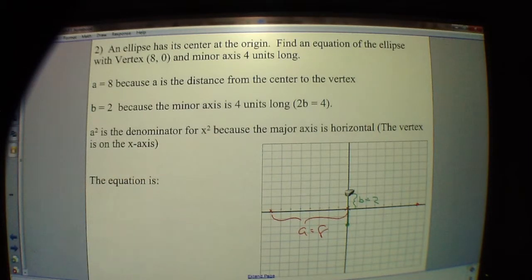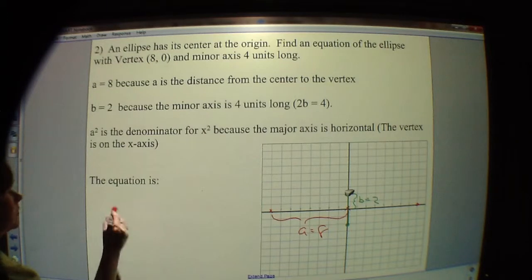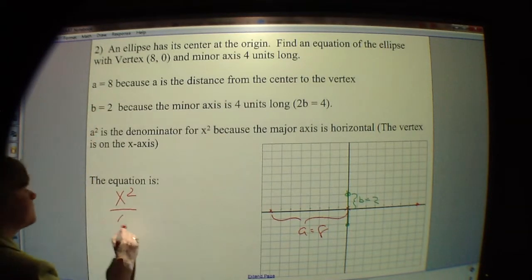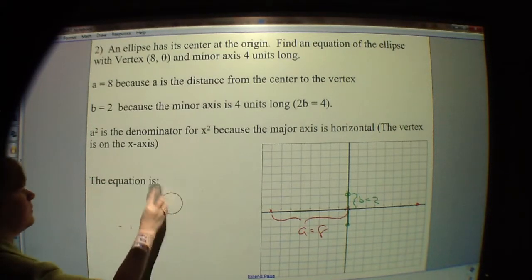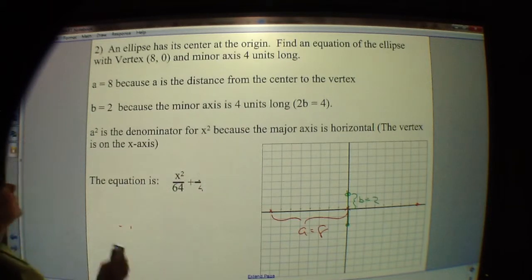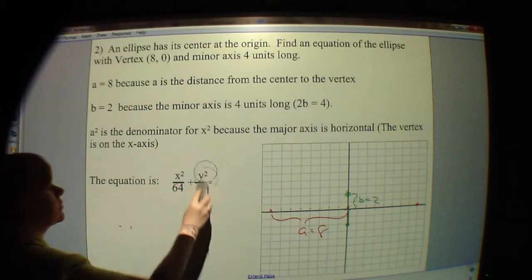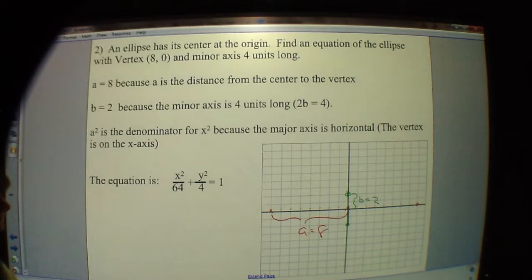So when you do the equation, you have x squared over a squared, plus y squared over b squared is equal to 1. So there it is. Done.